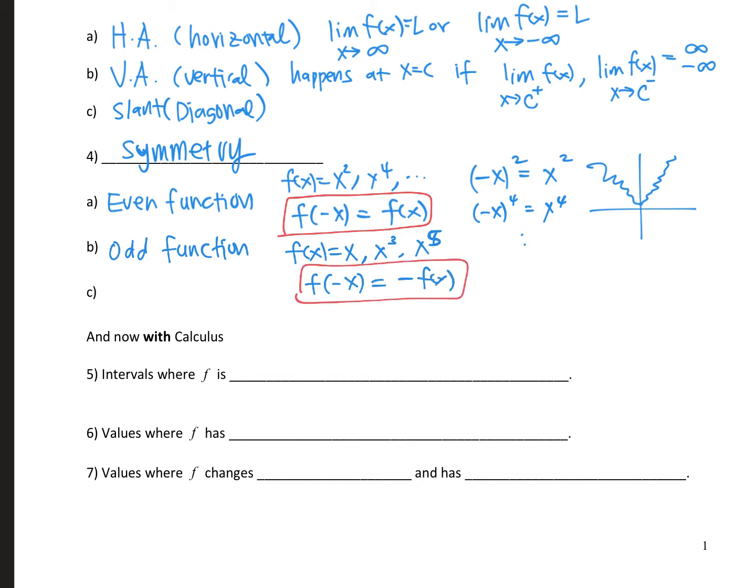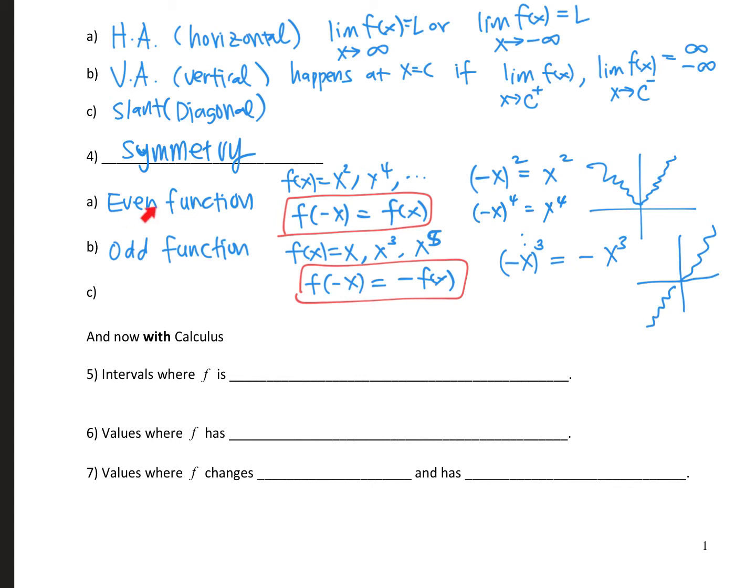Negative x cubed is basically negative x cubed. In terms of the graph, it's symmetry about the origin. Whatever happens here, you go through the origin and you get something else on the other part.